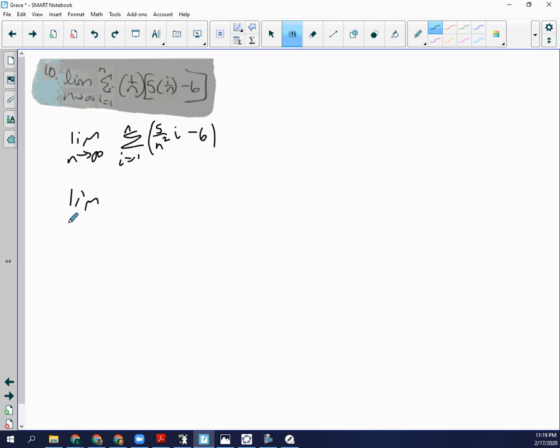So the limit as n approaches infinity of the sum from i equals 1 to n of, actually I want to get rid of that sum now, because the sum from i equals 1 to n of i, we're going to have 5 over n squared times n times n plus 1 over 2. And again, we subtract 6 over n, n times, because this is counting up from i equals 1 to n. Oh, I forgot to distribute that 6 over n.